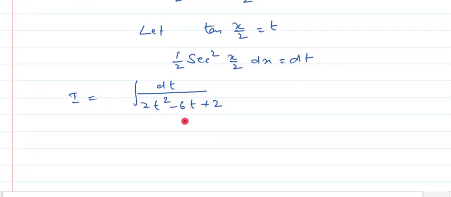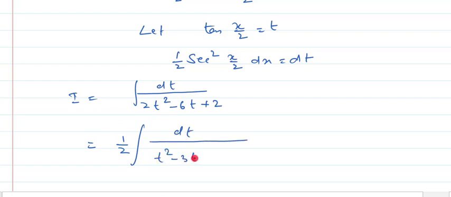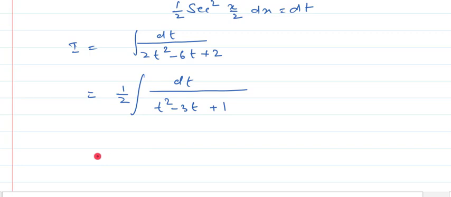Here we need to convert it by using completing the square method. So that can be done by taking 2 as common from here. It is dt upon t square minus 3t plus 1. Already I have explained this method in previous videos in detail. So you can go through those videos again if you are having any problem in solving these type of questions.